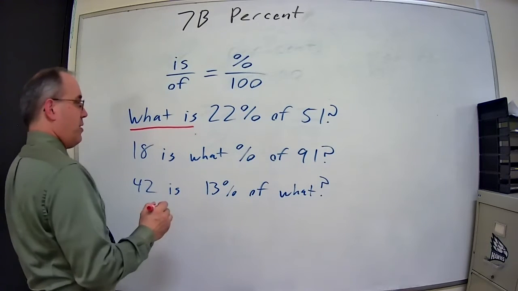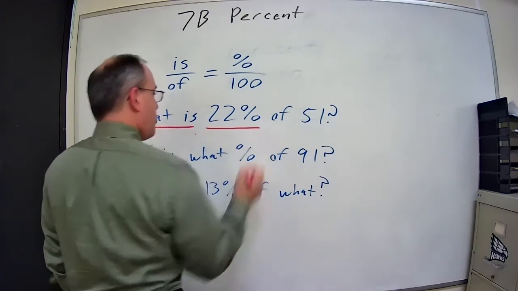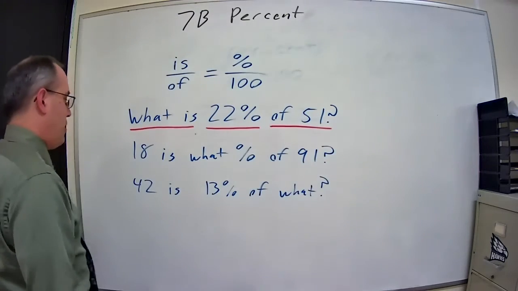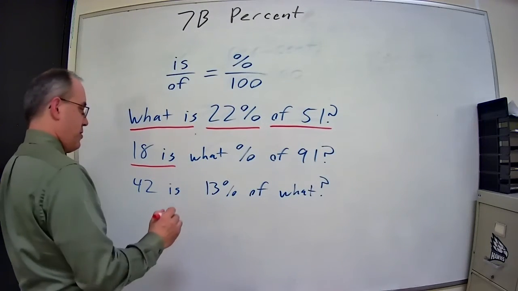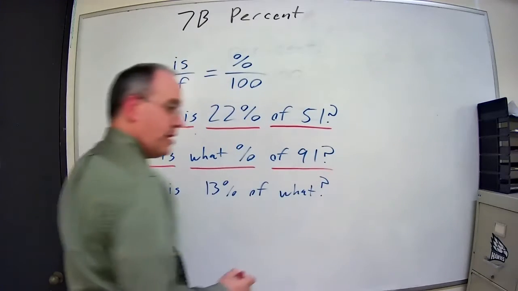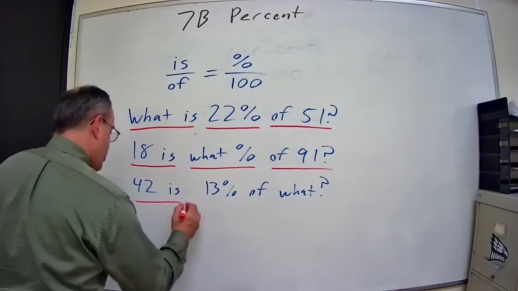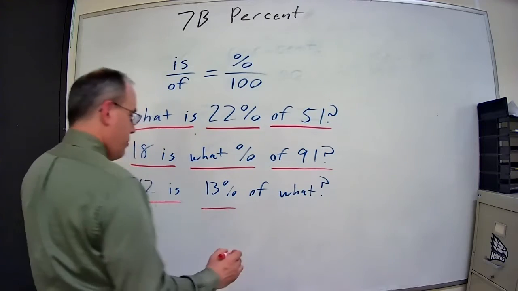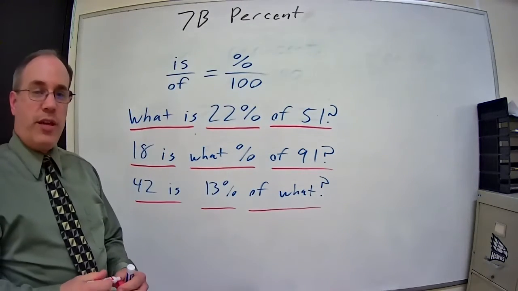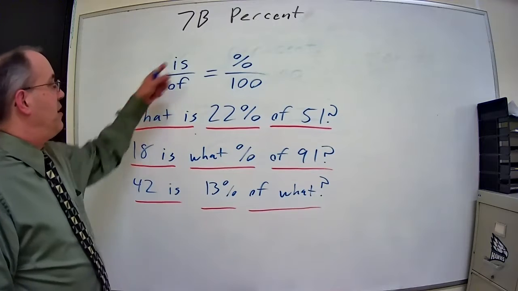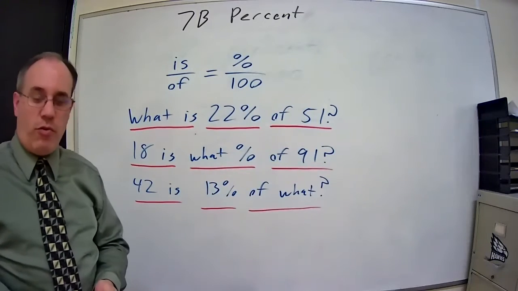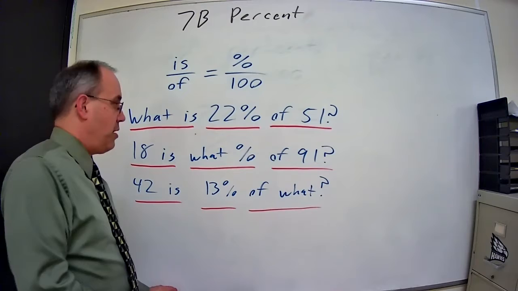What is 22% of 51? 18 is what percent of 91? 42 is 13% of what? And we can fill these into this is over of is equal to percent over 100.